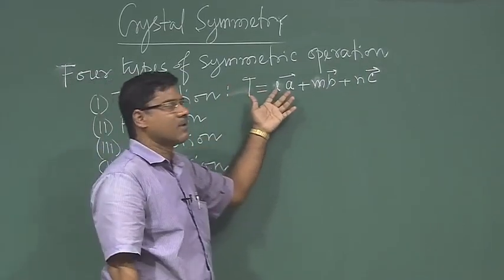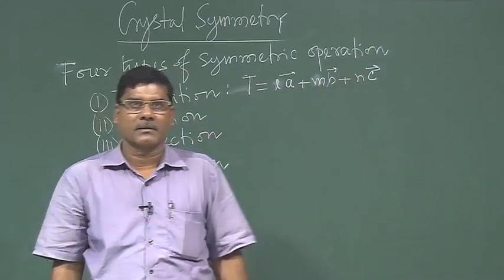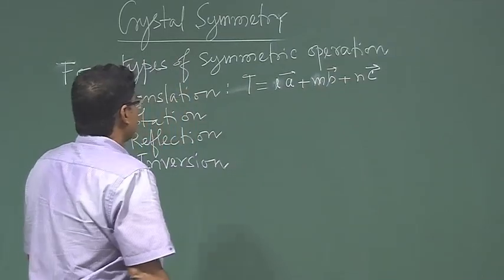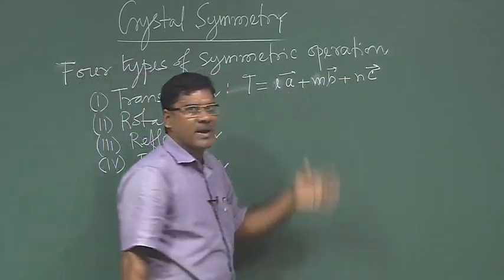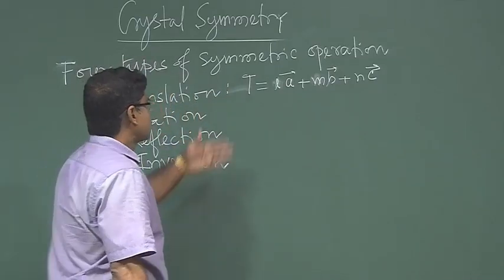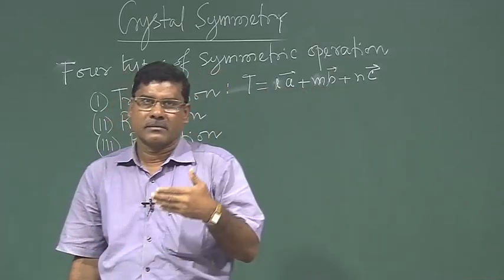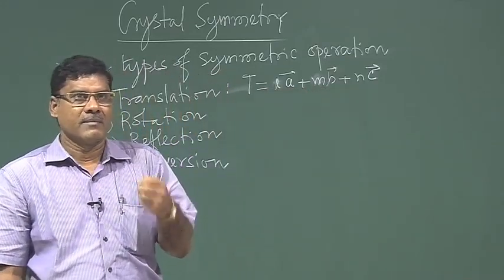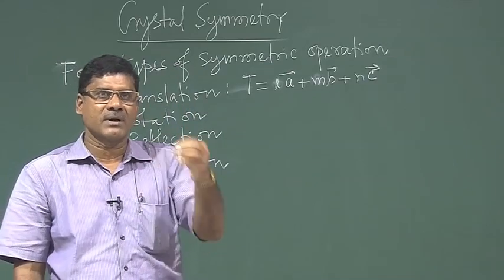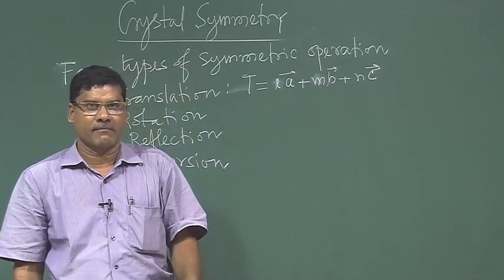Taking all possible values of L, M, N, one can generate lattice points in space. This lattice point itself is defined such that the environment or surroundings of each lattice point is identical.